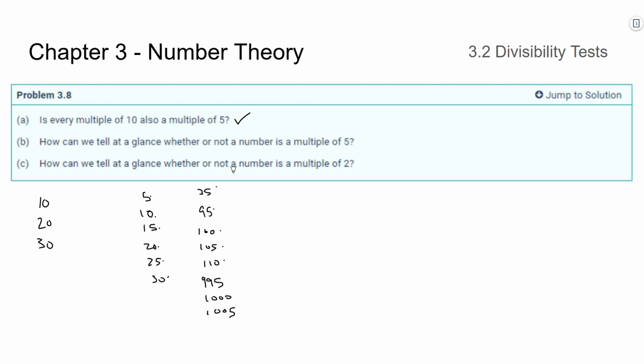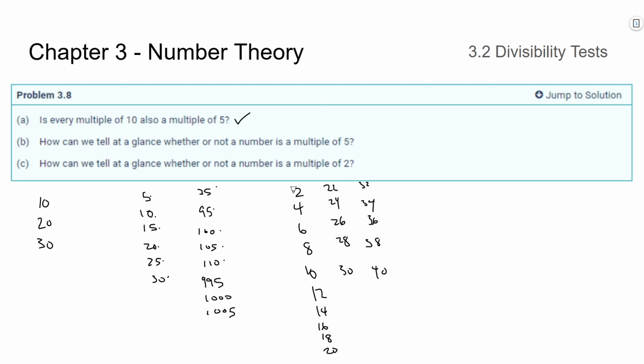How can we tell at a glance whether or not a number is a multiple of 2? All right, well, we have 2, 4, 6, 8, 10, 12, 14, 16, 18, 20, 22, 24, 26, 28, 30, 32, 34, 36, 38, 40.